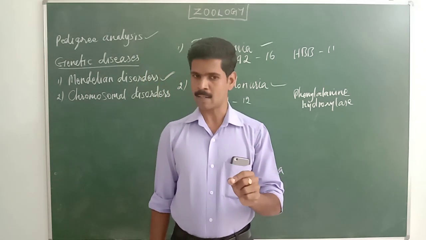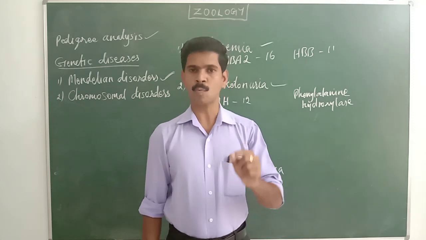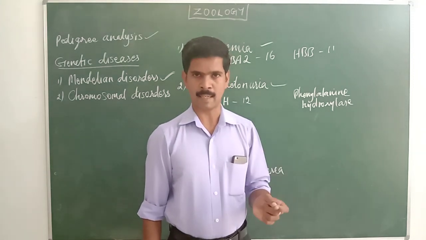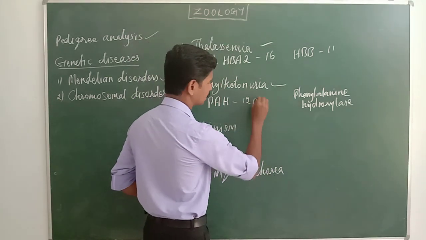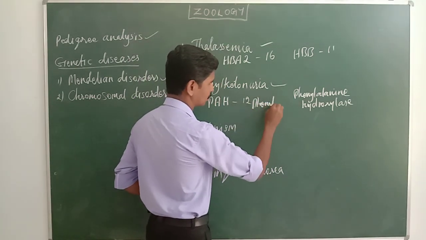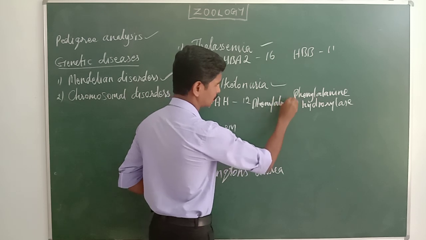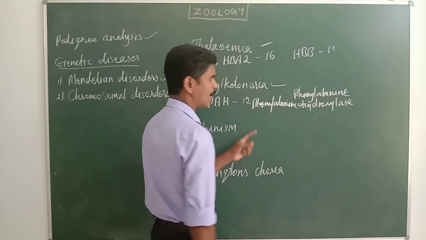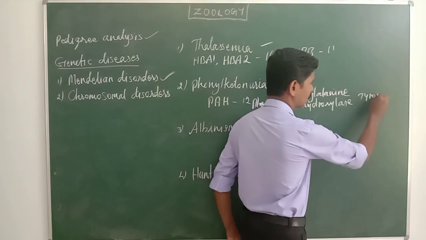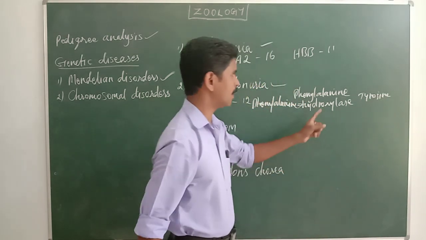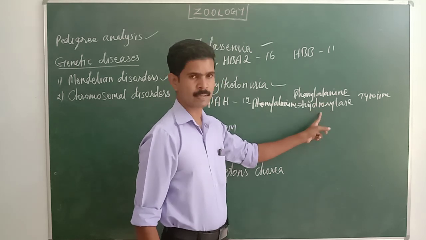This phenylalanine hydroxylase will convert one amino acid, phenylalanine, into tyrosine. So phenylalanine is converted into tyrosine with the help of the enzyme called phenylalanine hydroxylase.